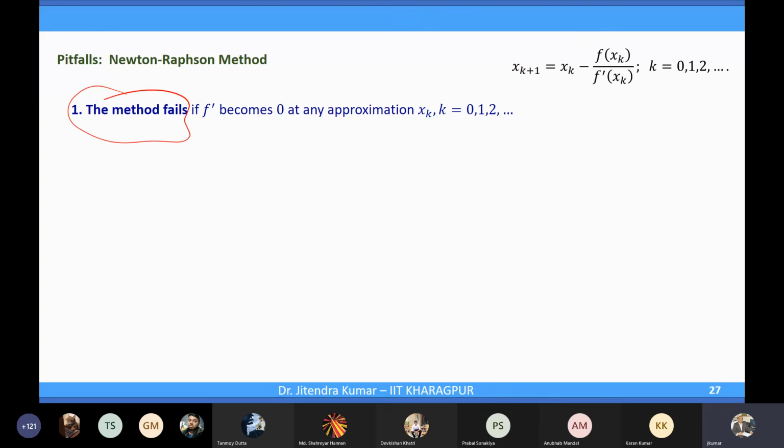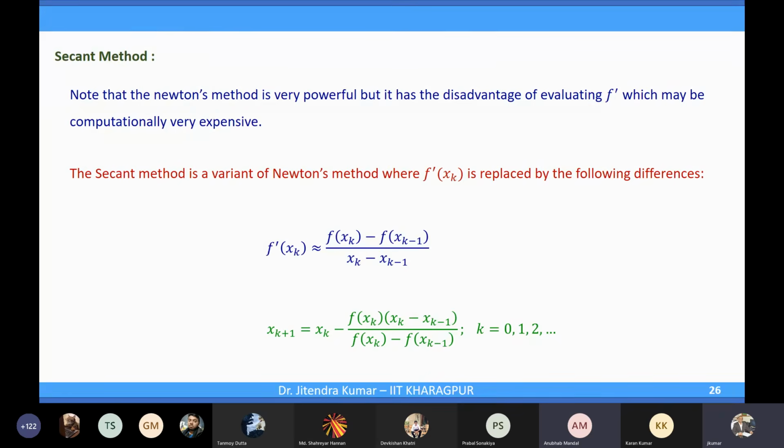Here that derivative itself you are just approximating by something. So how will we prove quadratic convergence here? In practice it is observed that it is close to order 2. It is close to quadratic convergence, but not quadratic.